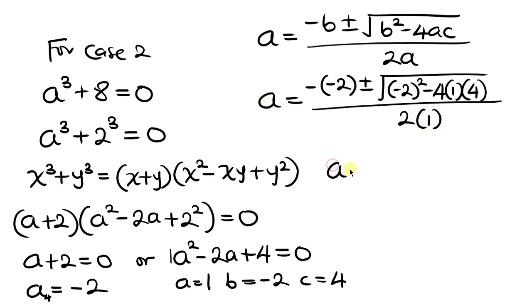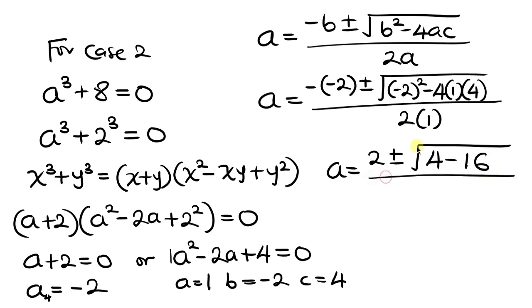This makes a equal to negative times negative gives positive 2 plus or minus the square root of negative 2 squared, which is 4, minus 4 times 1 times 4, which is 16, all over 2 times 1, which is 2.